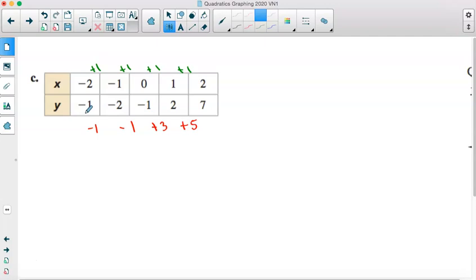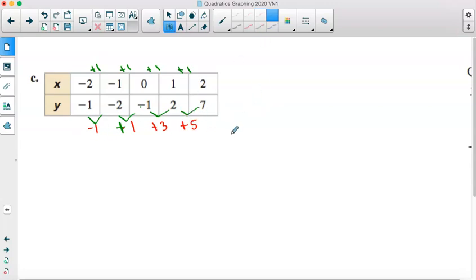I could subtract 1 or multiply, but the definition already told us about the second difference, so I'm going to stick with the differences here. So I'm subtracting 1, then from -2 to -1, sorry, I'm adding 1 here, and then from -1 to 2, I'm adding 3 here, and then from 2 to 7, I'm adding 5 here.